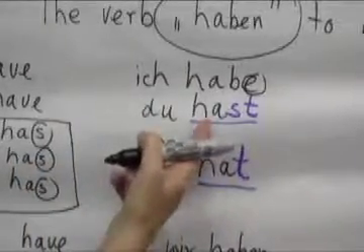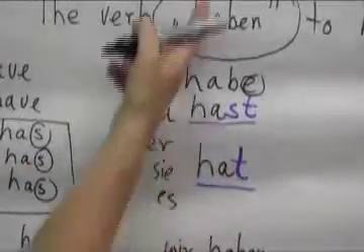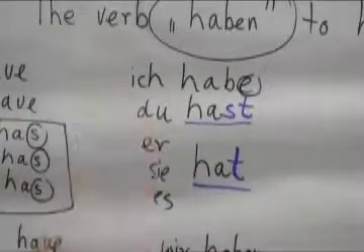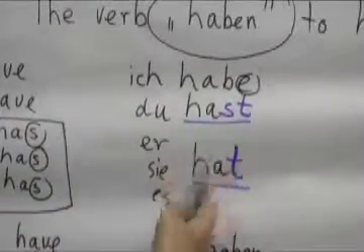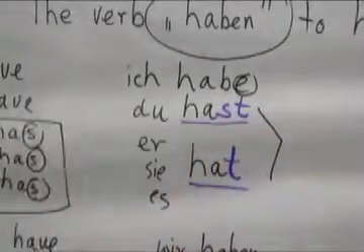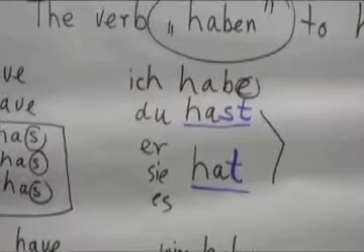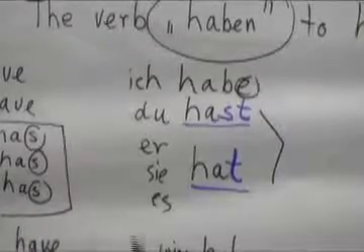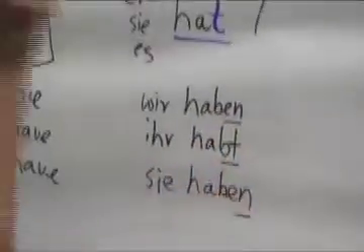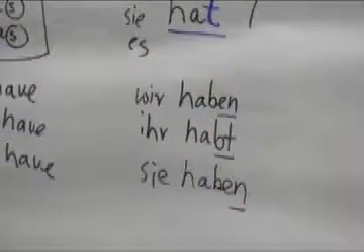Du, the b drops out for this verb because it's irregular and it's replaced by an st. Er, sie, es is also irregular. The b disappears, it's replaced by a t. So these forms have to be paid attention to. The plural is normal again. Haben, habt, und haben. Just like you learned for the other verbs.